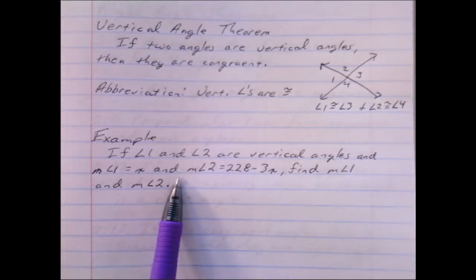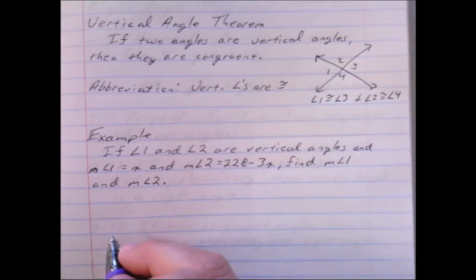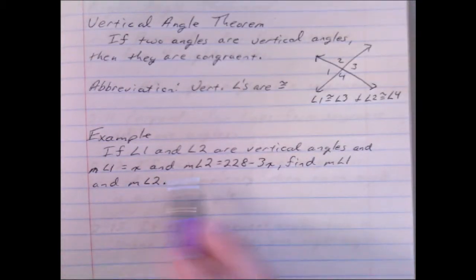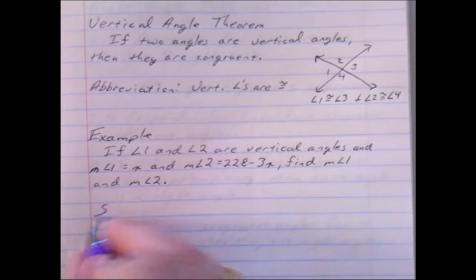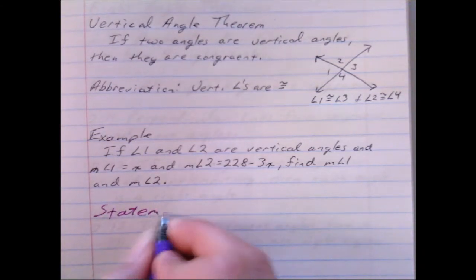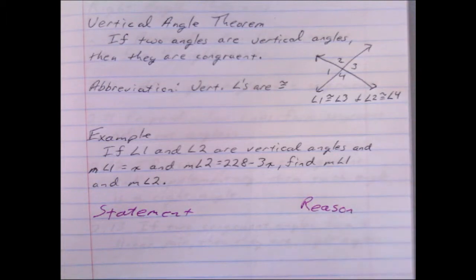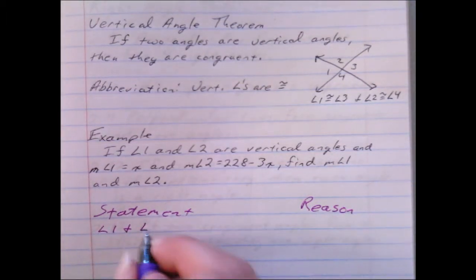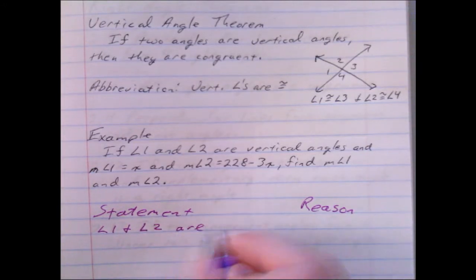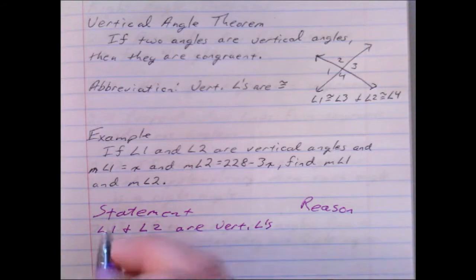So if angle 1 and angle 2 are vertical angles, and the measure of angle 1 equals x and the measure of angle 2 equals 228 minus 3x, then we're going to find the measure of angle 1 and the measure of angle 2. So we need our statement and our reason. Okay, so our first one, we have our given, angle 1 and angle 2 are vertical angles.